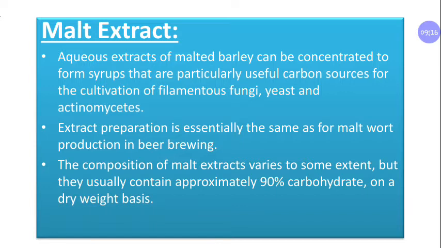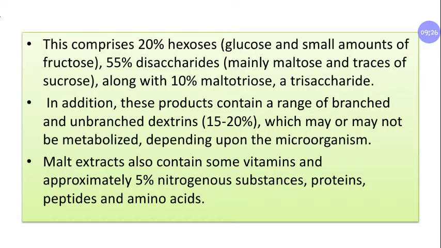The composition of malt extracts varies to some extent, but they usually contain approximately 90% carbohydrate on a dry weight basis. This comprises 20% hexoses, that is glucose and small amounts of fructose, 55% disaccharides, which is mainly maltose and traces of sucrose, along with 10% maltotriose, which is a trisaccharide.